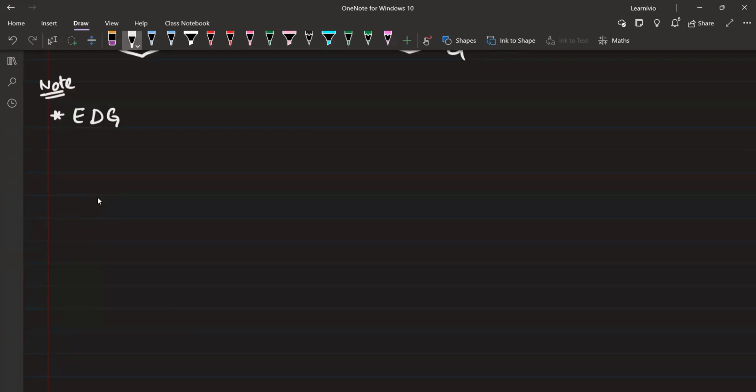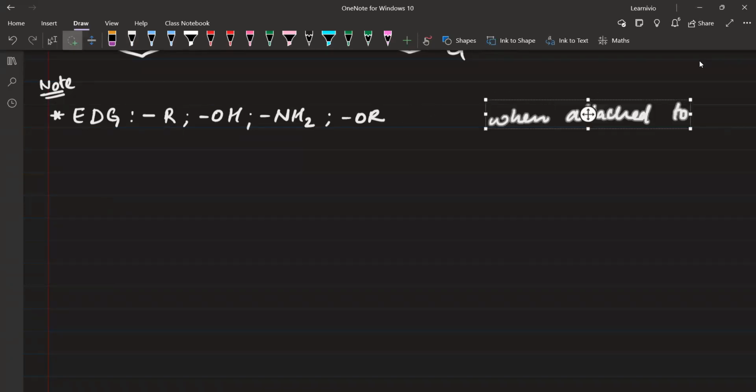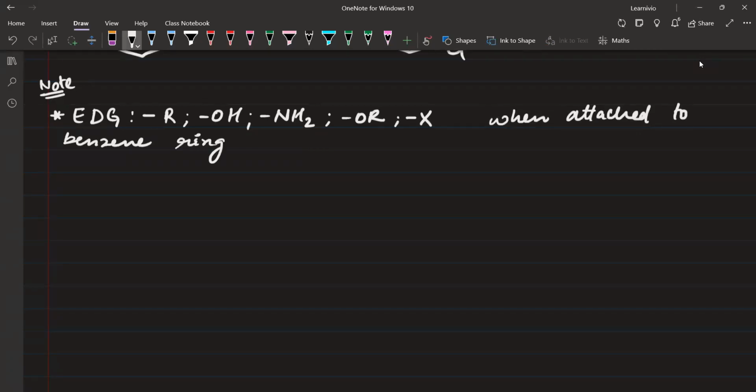Electron donating groups such as alkyl group or hydroxy group OH or NH2 or alkoxy, when attached to benzene ring, give ortho and para products.